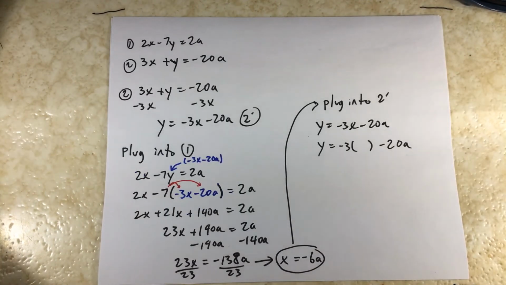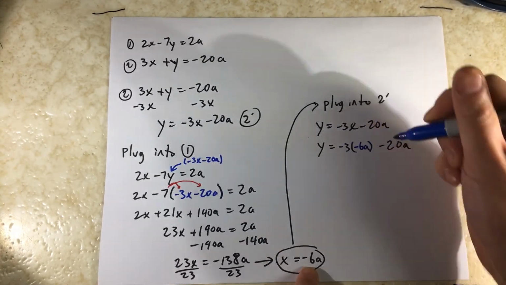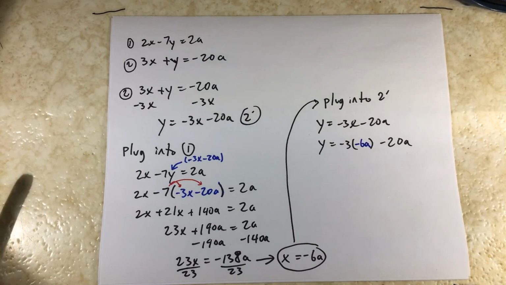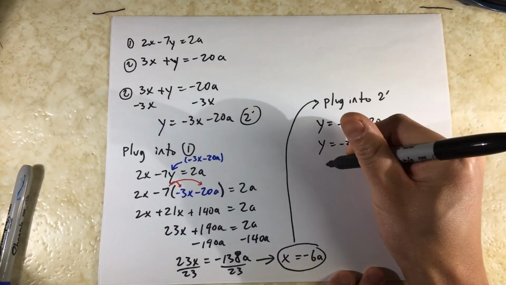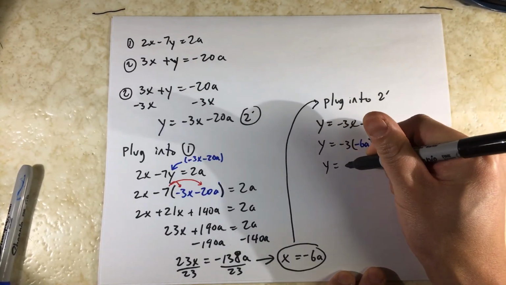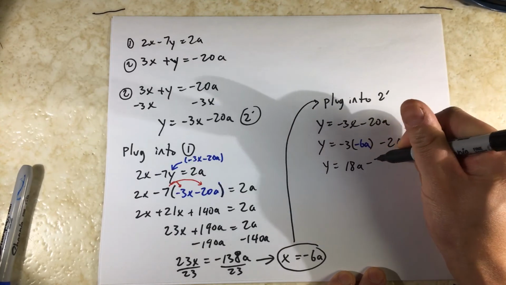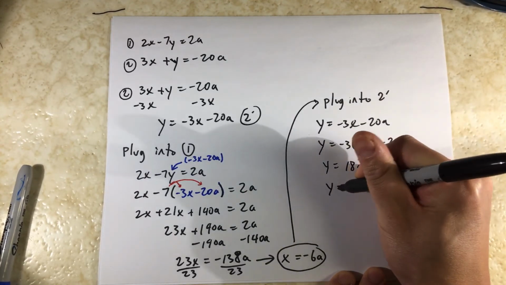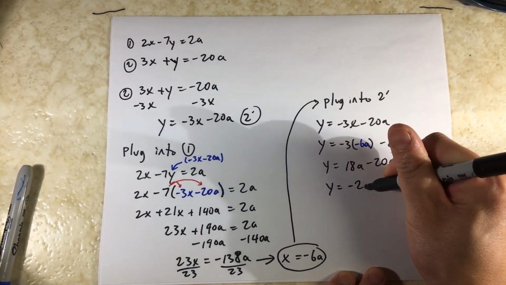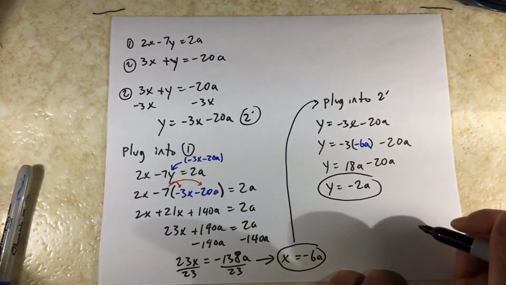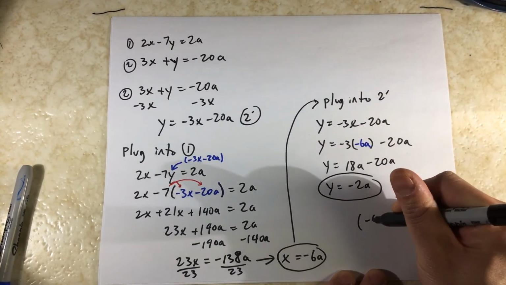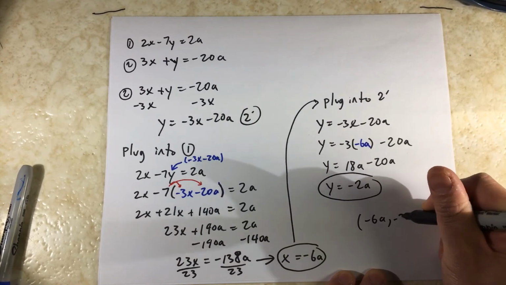In for x, we're going to put negative 6a. So you get y equals 18a minus 20a, y equals negative 2a. So we get x equals negative 6a and y equals negative 2a.